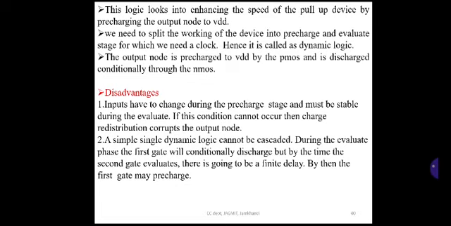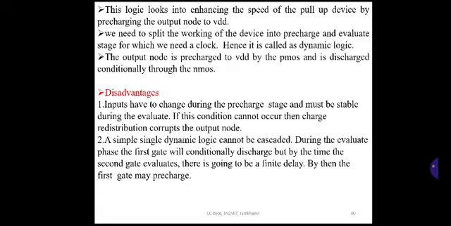Then the second disadvantage: a simple single dynamic logic cannot be cascaded. During the evaluate phase, the first gate will conditionally discharge, but by the time the second gate evaluates, there is going to be a finite delay. By then, the first gate may precharge.